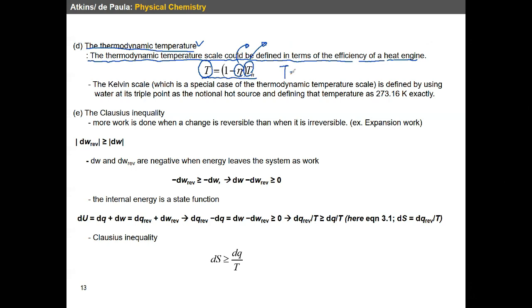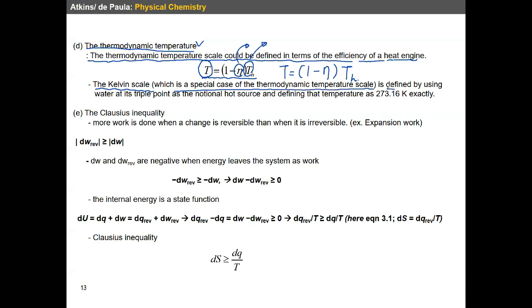T equals 1 minus efficiency, and TH. The person Kelvin made the Kelvin scale, which is a special case of the thermodynamic temperature scale.